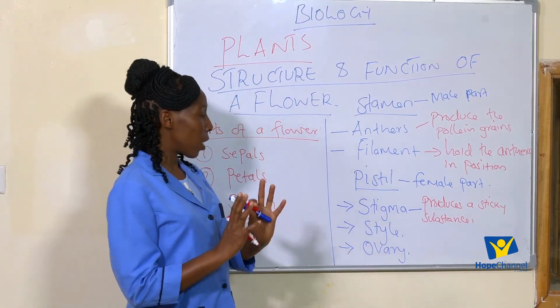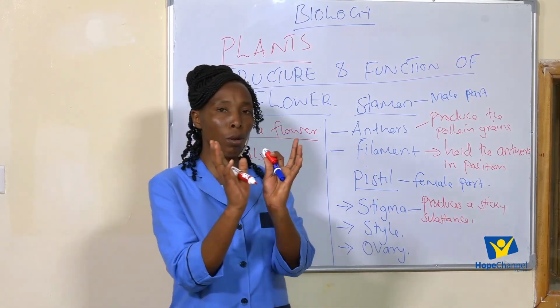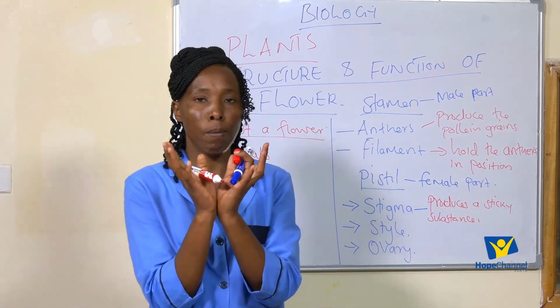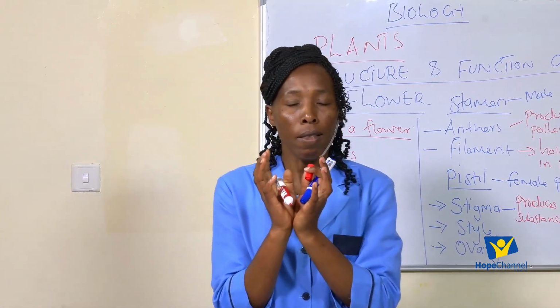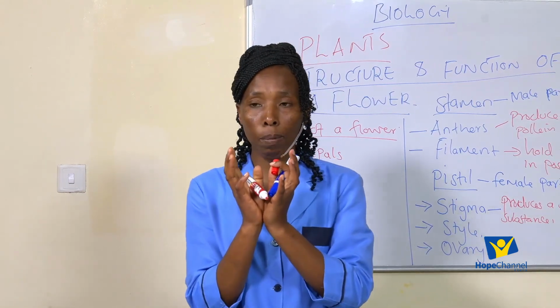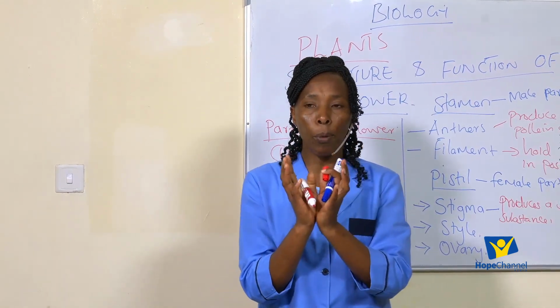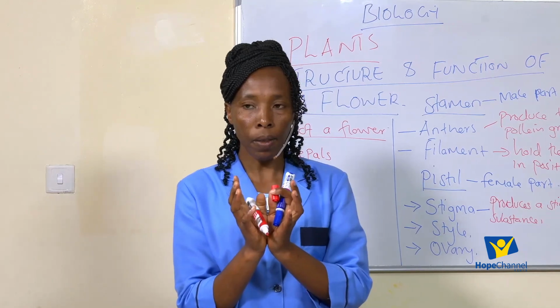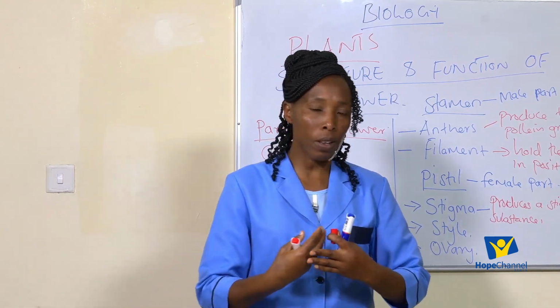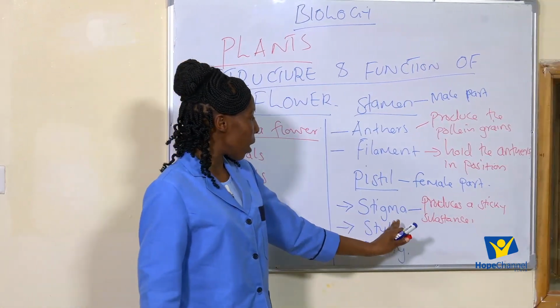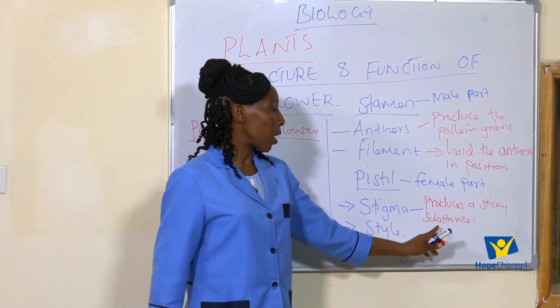And of course, we've said the main function of the stigma is to receive. So if you are to give the main function of the stigma, we say, is to receive the pollen grains. And the feature that enables it to receive the pollen grains is because of what? That sticky substance.